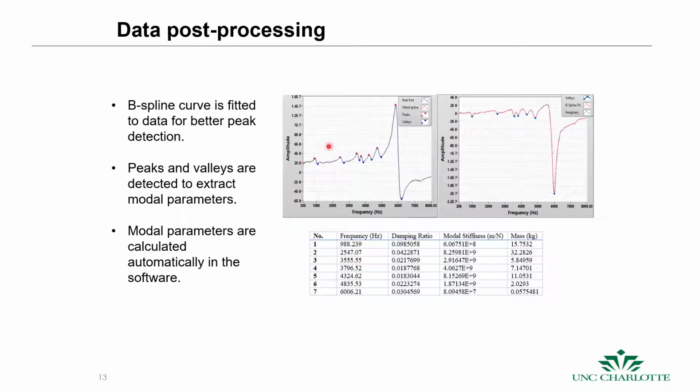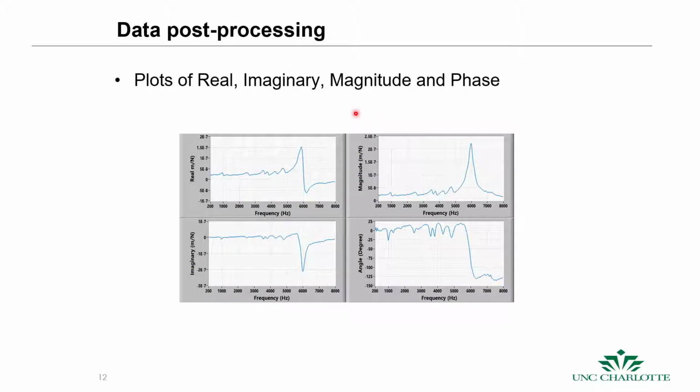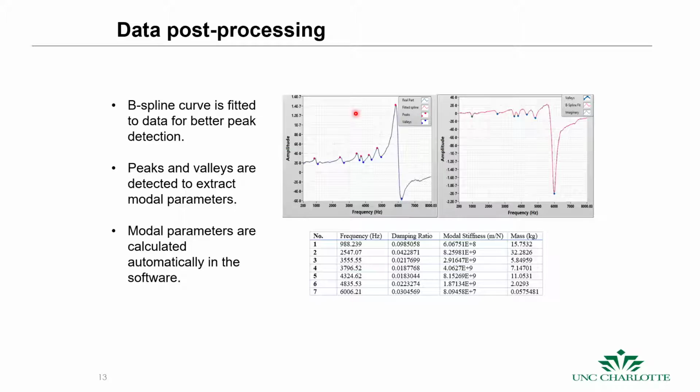So the amplitude plots and phase plots, the real and imaginary parts of those plots, can be used to pick out these peaks and valleys for each one of these response shapes for the frequency content.